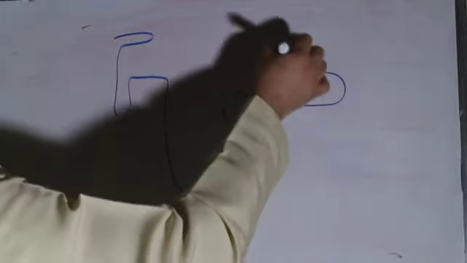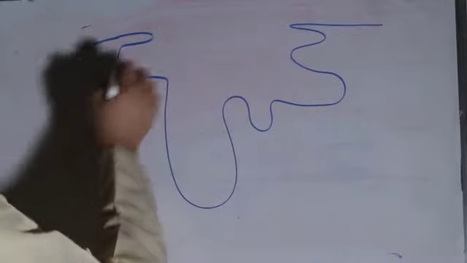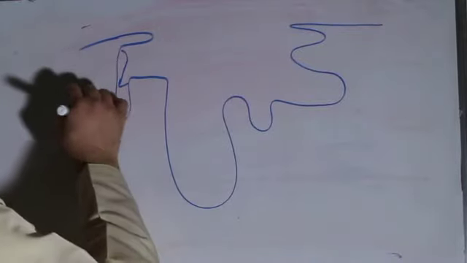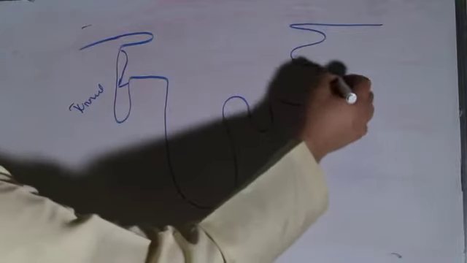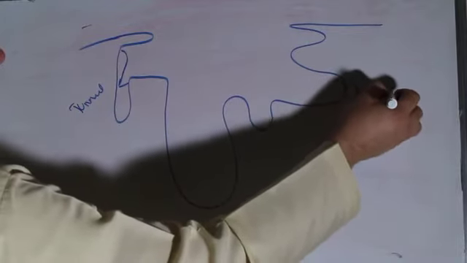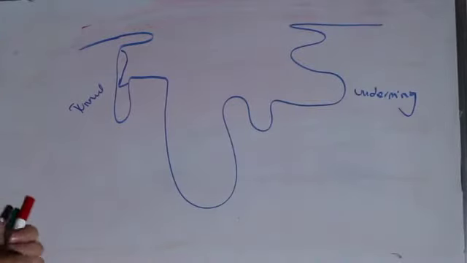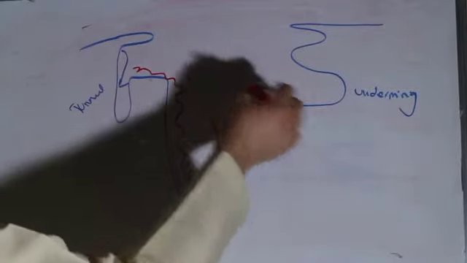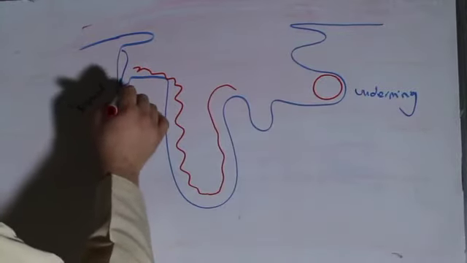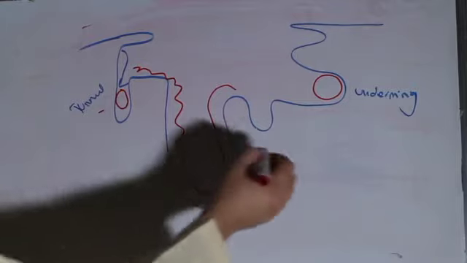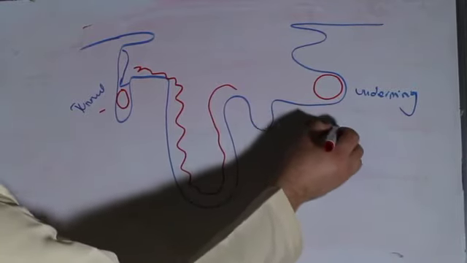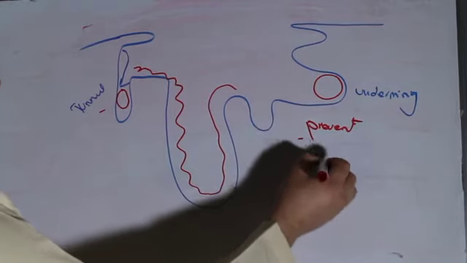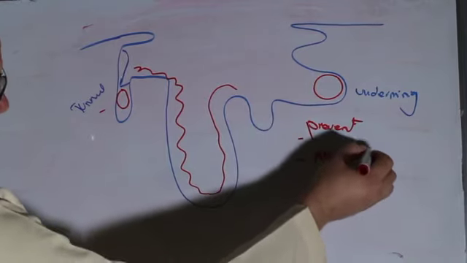There are so many features here, like this is a tunnel. Here, this one is undermining, and so on. So until the granulation starts to develop in this region, we should assure that we are dealing with this area in a proper way, in a way that prevents bacterial growth and allows the granulation to happen.